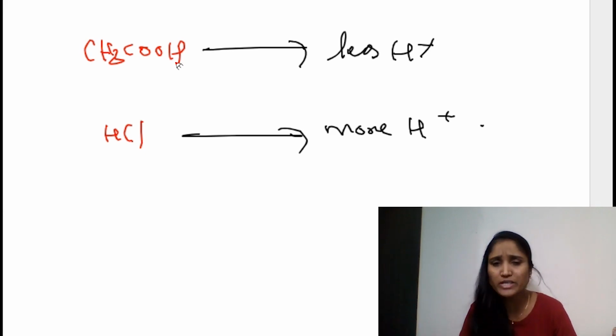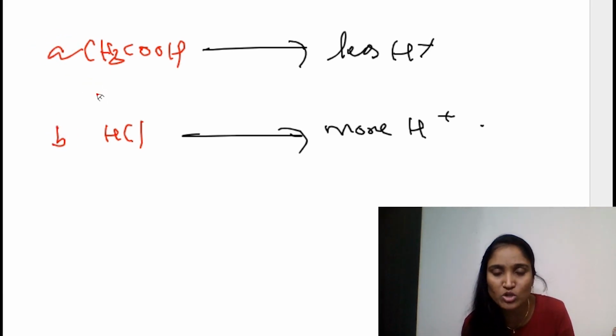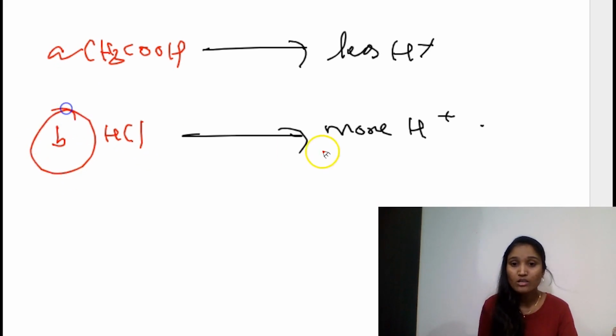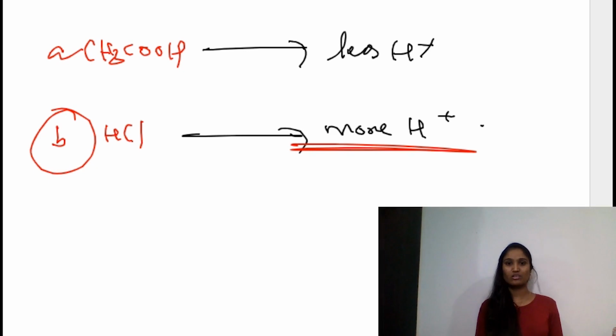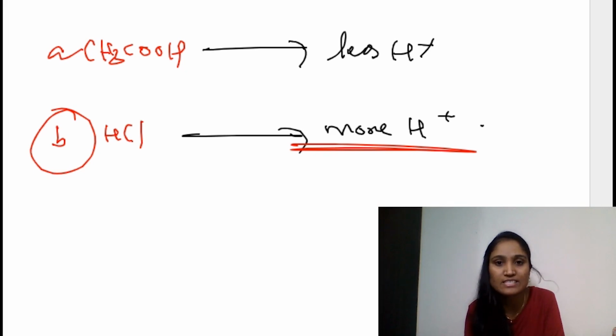So out of these two, can you please tell me which is a strong acid and which is a weak acid? For the ease of answering, A and B. Out of A and B, which is stronger? HCl is stronger. Why is HCl strong? Because it's giving more H plus. So the number of H plus ions is the measure to identify the strength of an acid.